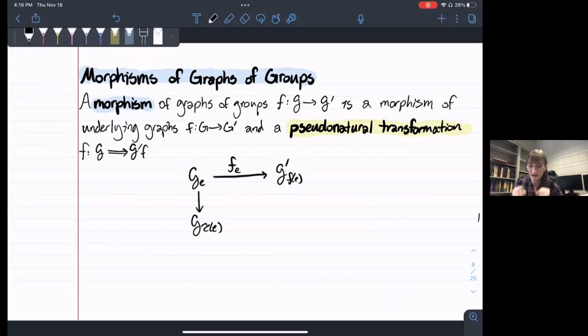The edge E is getting sent either to a vertex or to an edge. Let's assume it's an edge. So this is the edge group that it's getting sent to, and then that includes into a vertex group. Okay, fine.